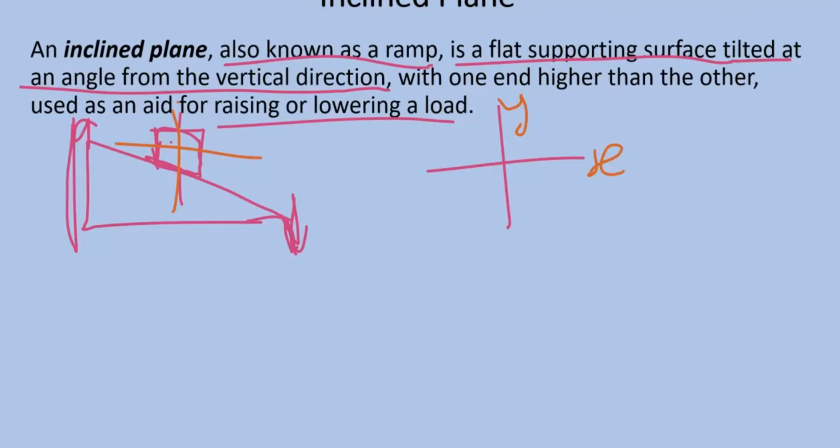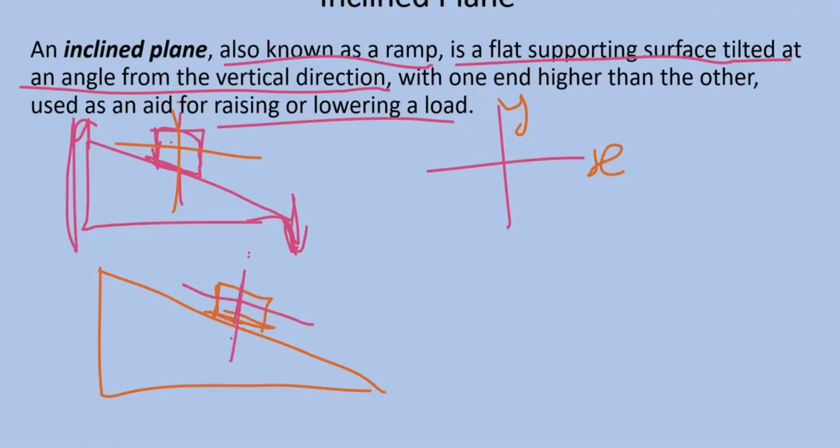But now we're talking about an inclined plane. In this part, the normal force, let me draw this inclined plane further here. Here is the object. Then we have the coordinates.